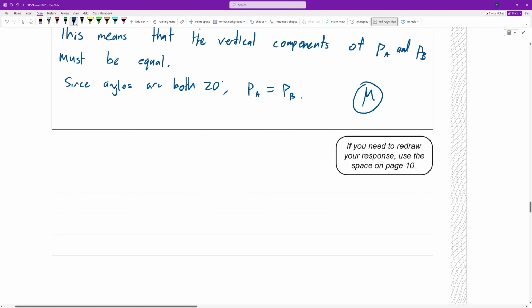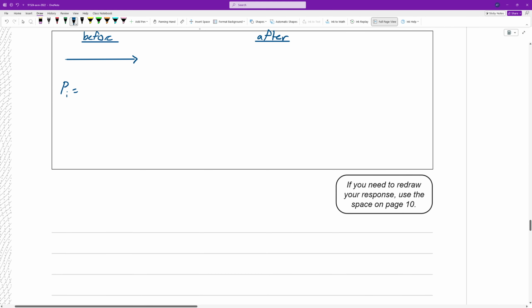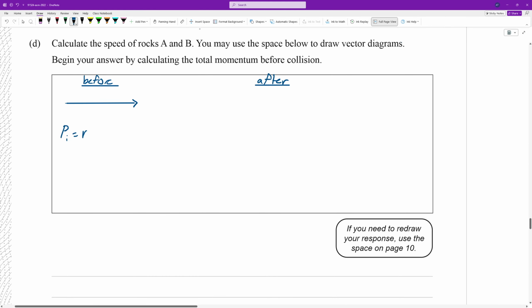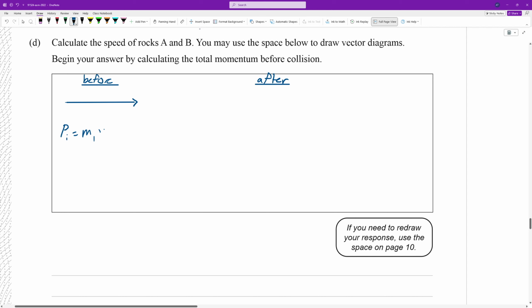Let's write that in. So just write m1 v1, which, what did I say, 100 kilograms times 500 meters per second, which is, what's that, 50,000? 500, 5,000, 50,000, yep.